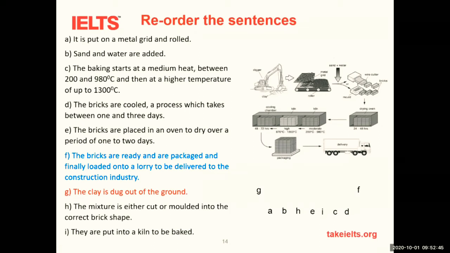Okay, so passive voice we use to describe the process, and we also mentioned that we used sequential linkers. Okay, what are sequential linkers? Could you give me your ideas in the chat box, or give me some examples?